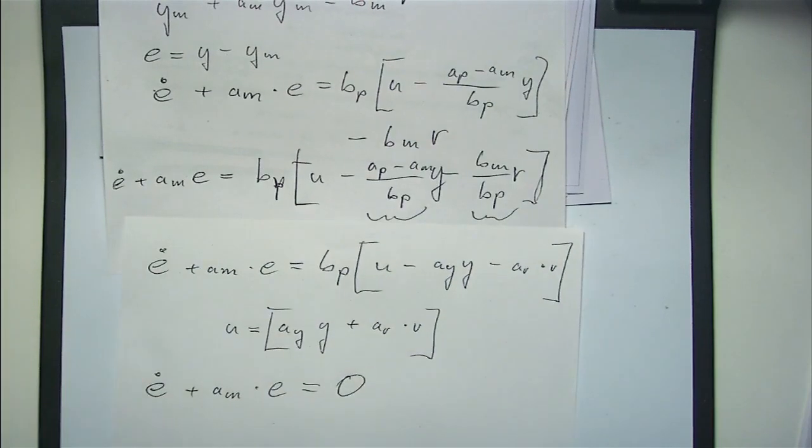So we have chosen our control signal pretty much as the combination of a set of known parameters in relation to Y and R.